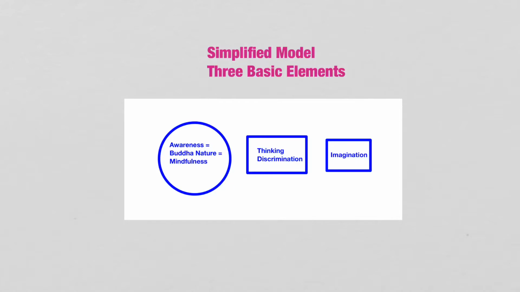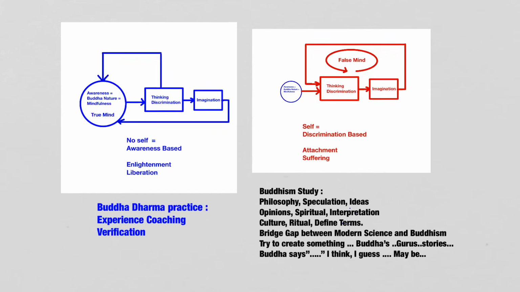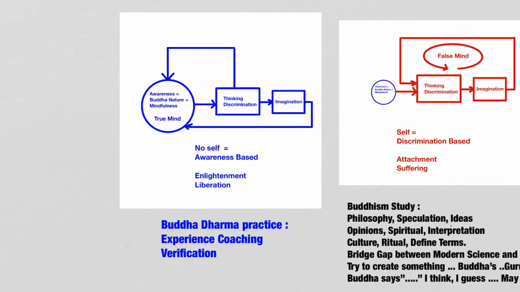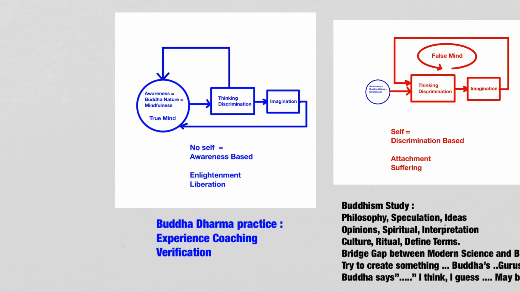Now, if we look at the Buddha Dharma, the people who are enlightened, who are like Buddha, what happened is that the Buddha has the Buddha nature, the awareness, or sometimes in Zen it's called the true mind. This is the base.